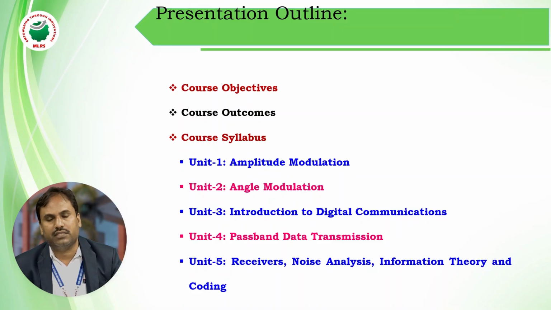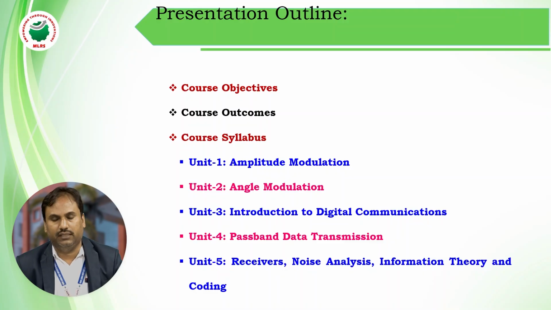These are the 5 units of the Analog and Digital Communications course, and this course is very helpful for students in any government sector examinations and also GATE examinations. Especially in GATE examinations, it is very easy to tackle all the questions they give, so students easily get the marks. So this is a very important course, and it is one of the hearts of the electronics and communication engineering program.